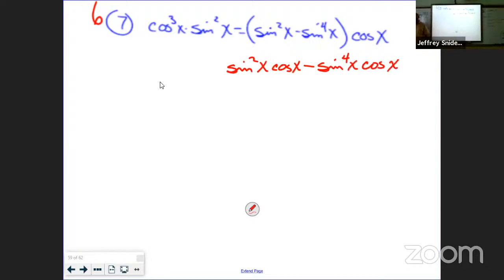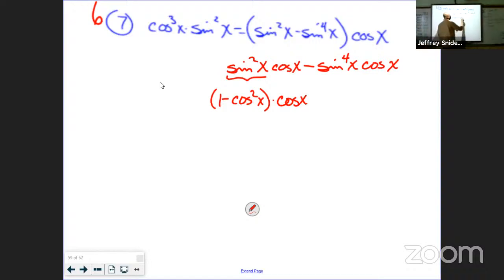Okay, so I get to that point. Now, if I want, you could probably go this route and this would work. This is what? 1 minus cosine squared x times cosine x.